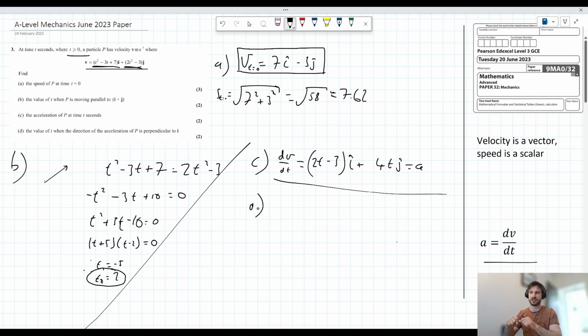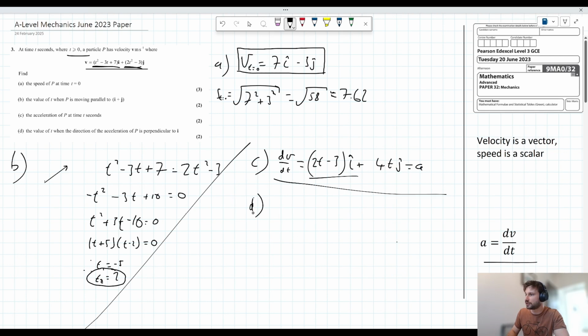If the acceleration is acting perpendicular to i, then naturally it's acting vertically, up or down. If it's going up or down, we can assume there's no horizontal component. So this is the point where the i coefficient takes a value of 0, since there's no horizontal component at that point in time.